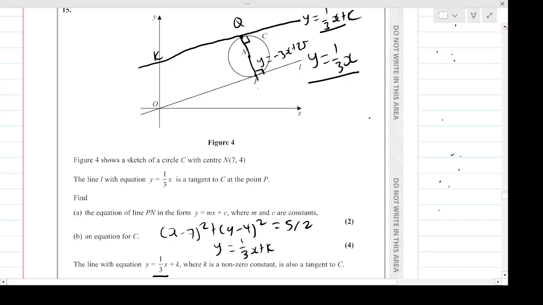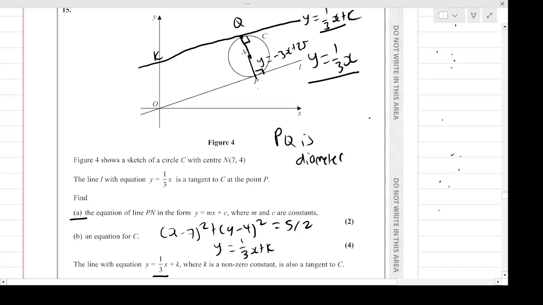So the same line that we worked out in part A, P to N, the same line from minus 3x and 25, is still going to be perpendicular to Q. What's more is that N is a centre, it's the midpoint of PQ, because obviously P to Q is a diameter.